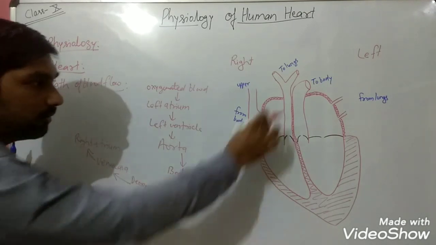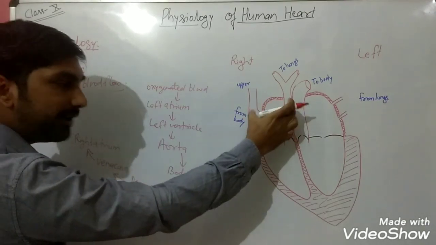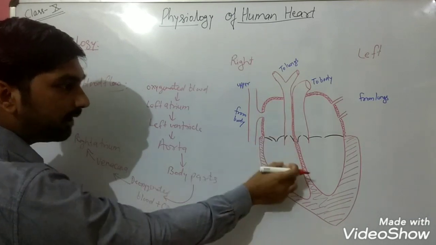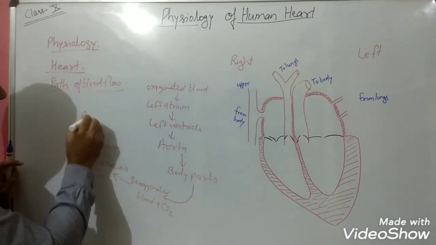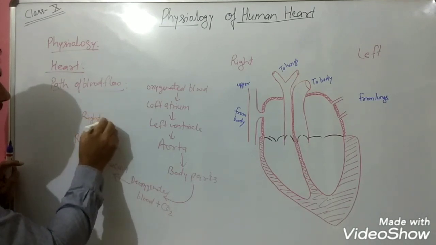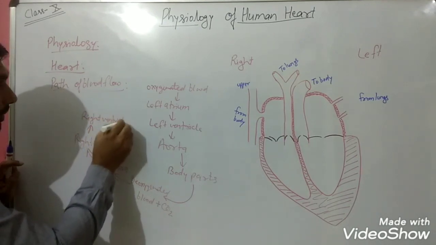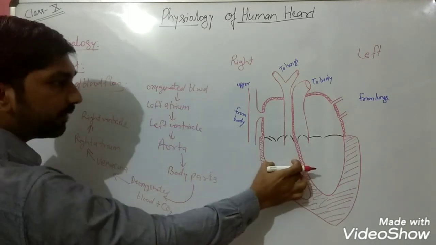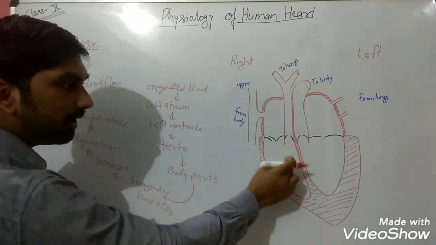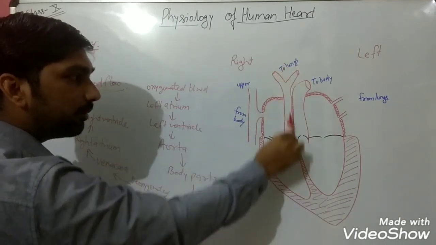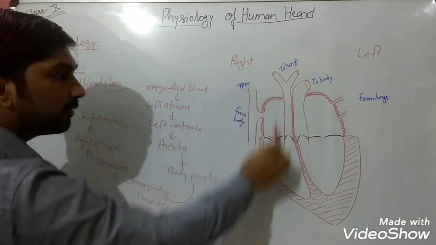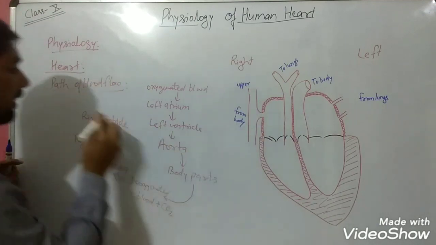atrium. So from the right atrium, when the atrium contracts, the blood will flow into the right ventricle. When this ventricle contracts, the blood has only one pathway to pass, that is what? The pulmonary artery.